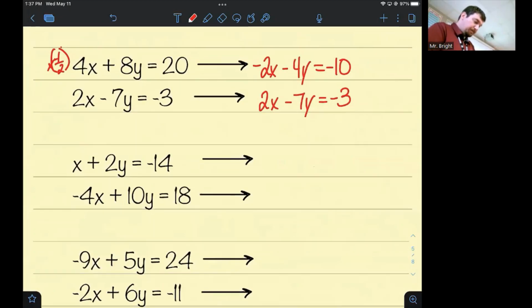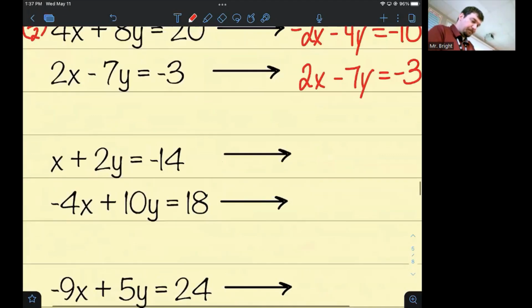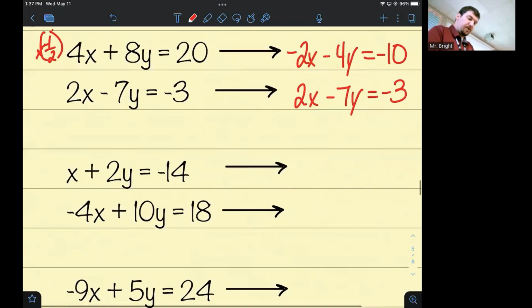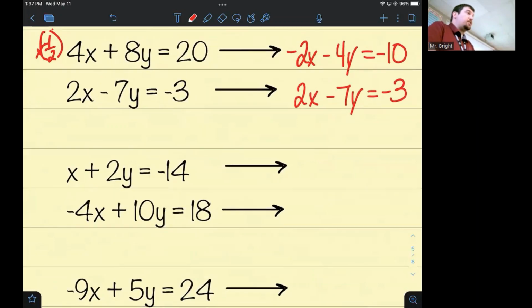How about this third one here? What could I do with this third set of equations to get the variables to line up? Alex? You could absolutely multiply the top equation by 4.